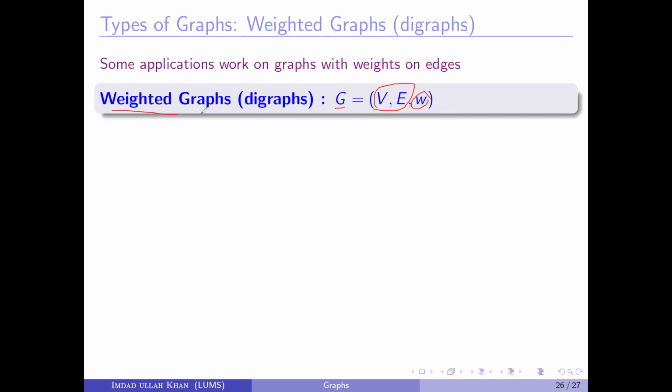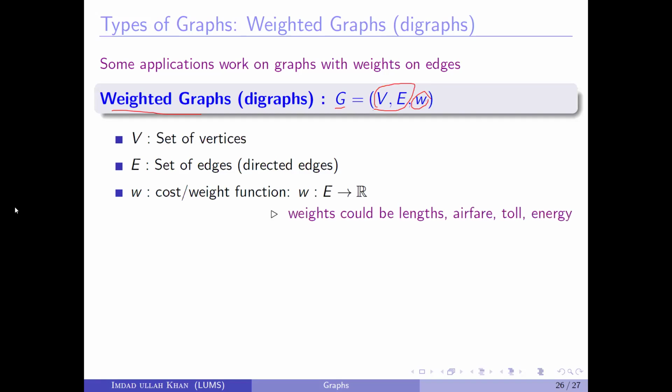So the graph is now weighted, which means that each edge is labeled with a number which represents the weight of that particular edge. Besides V and E, W is the cost or weight function, where for each edge there is a real number which represents its weight.